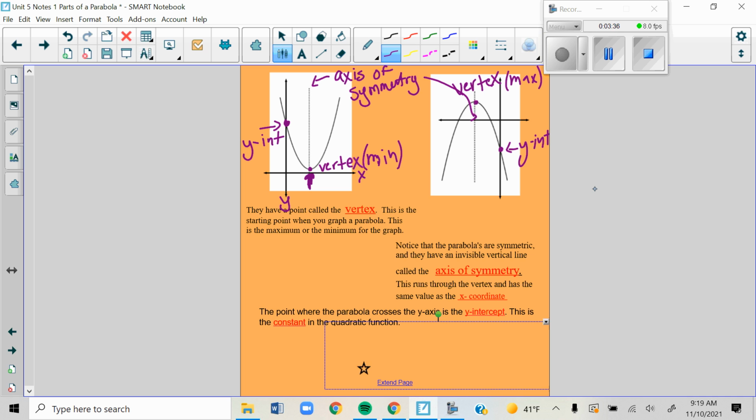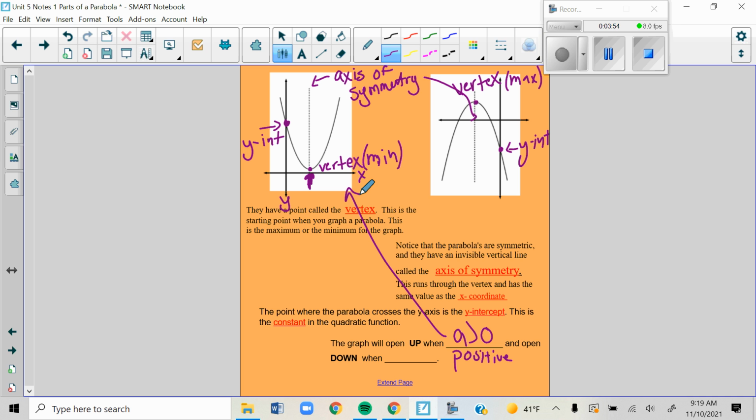And then last we have here, it says the graph will open up when a is greater than 0. And so when our a value is positive, which is greater than 0, our graph opens up. That's this one.